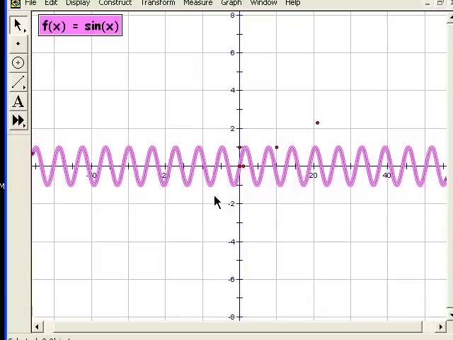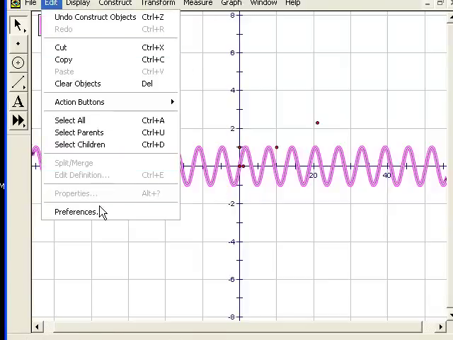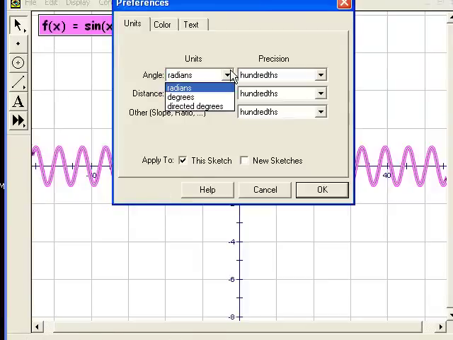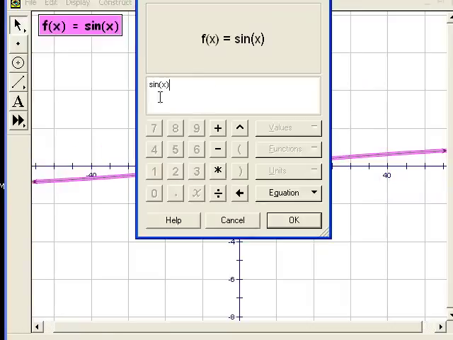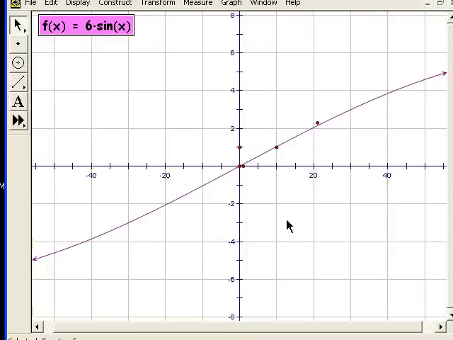Yes, I'll use radians in this case. I think maybe I better switch to degrees though. So there, I've switched to degrees. Okay. And I can edit my function fairly rapidly. I can put 6 times, and I can change my function that way. All right. That should give you a little bit of a start, and I want you to try and work on that as independently as you can.